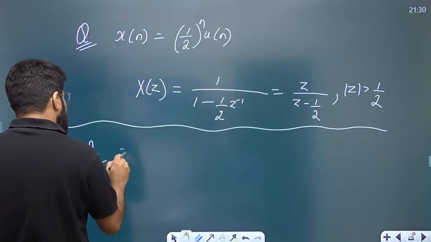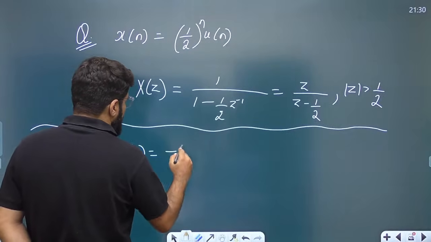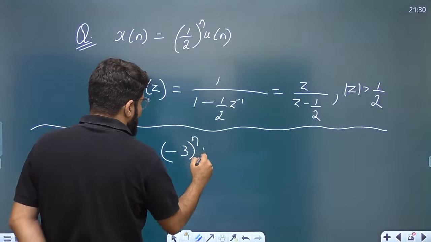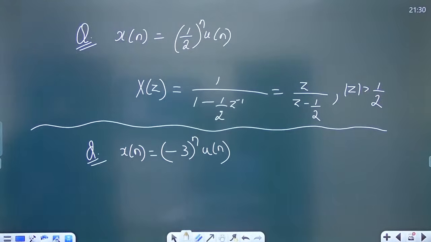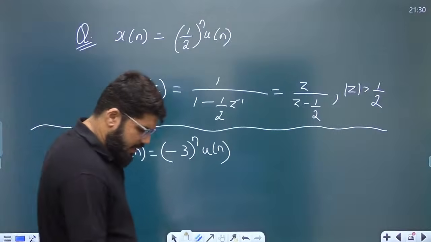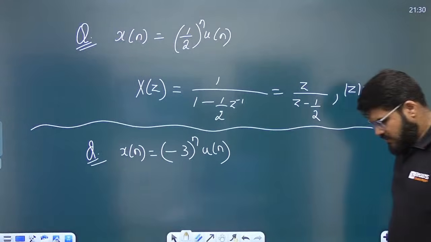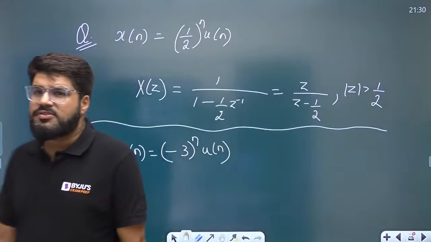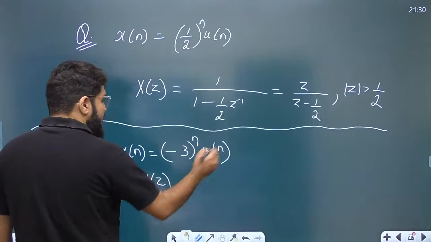Suppose I want to give you x[n] equal to minus 3 power n un. What is the Z transform? No problem, sir. Let us write down very quickly once again. Ultimately, it's a power n un.